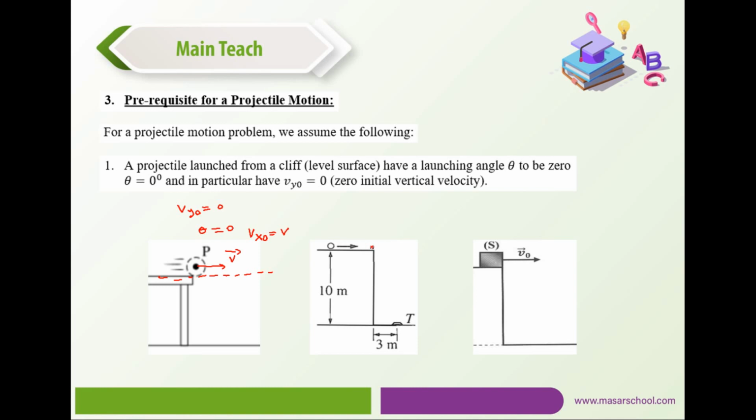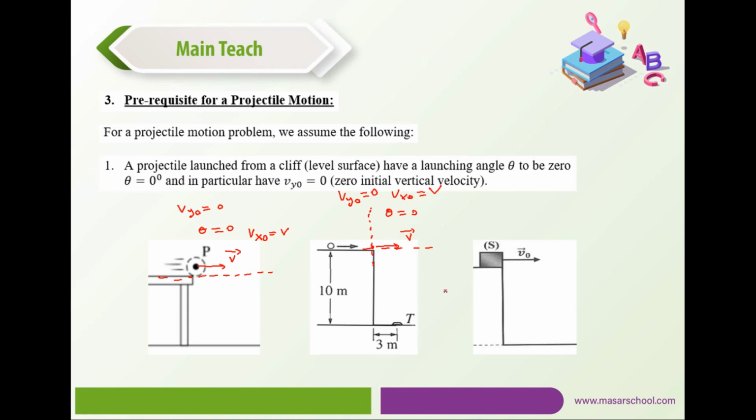At the launching point, it will have a velocity like this. This is the horizontal and that's the vertical. Now V is completely parallel to the horizontal, so the launch angle theta is 0, which means that Vx0 will be completely the total velocity V, and Vy0 would be 0.